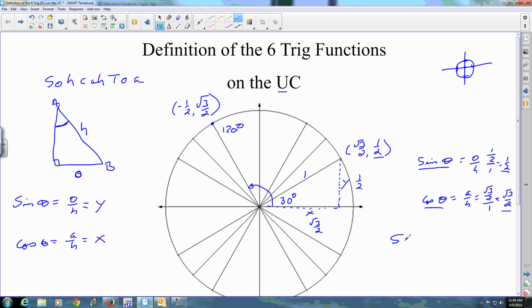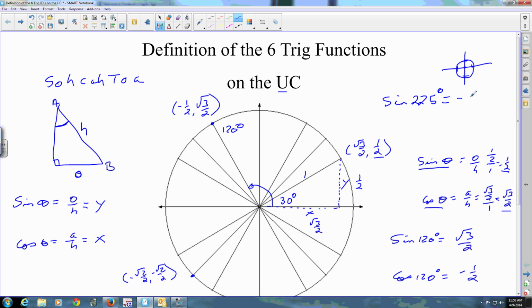So if out of the blue I ask you, give me the sine of 120 degrees, you go, oh, what is my y value at 120? The answer, square root of 3 over 2. If I ask you what the cosine of 120 is, you'd say it's my x value at 120, so negative 1/2. If I asked you what the sine of 225 degrees is, well, 225, you know the coordinate is negative square root of 2 over 2, negative square root of 2 over 2.